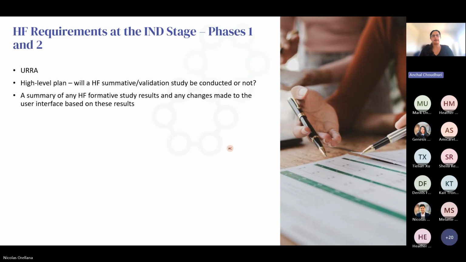So now let's talk about what the human factors requirements are at different stages of the development process.